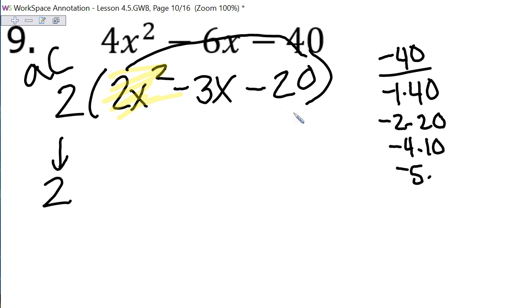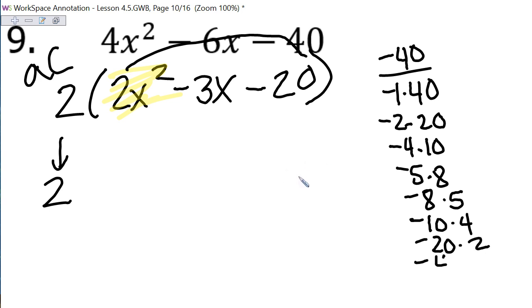Negative 5 times 8. Flip them around. Negative 8 times 5. Negative 10 times 4. Negative 20 times 2. Negative 40 times 1. What do we have to add up to? Negative 3. Which pair? Negative 8 and 5.